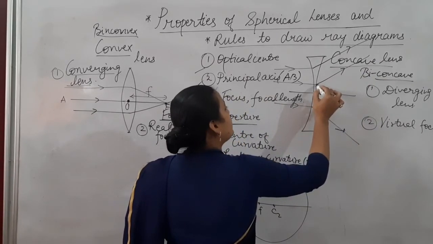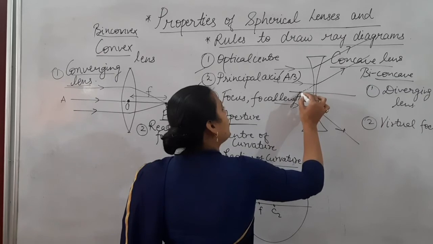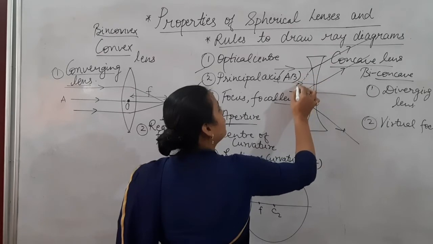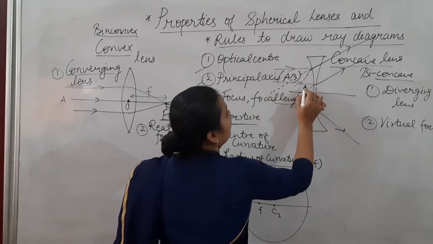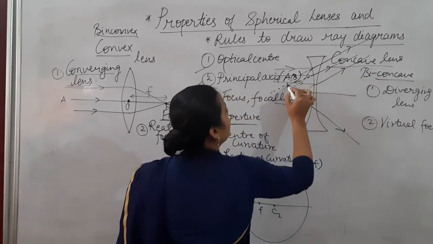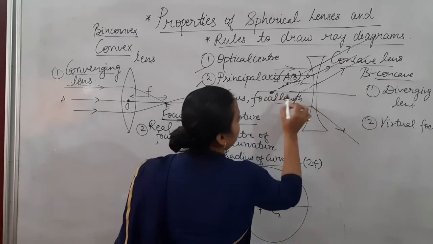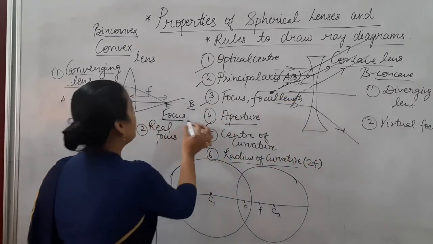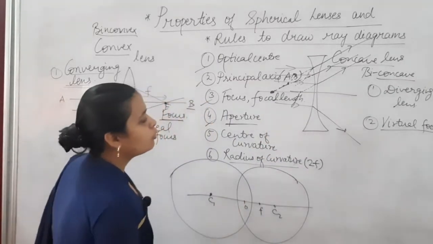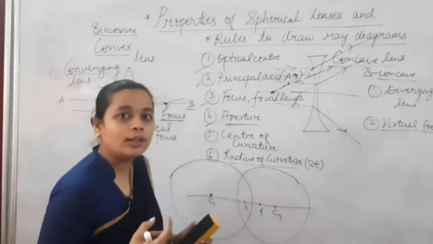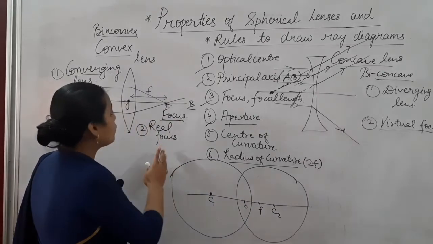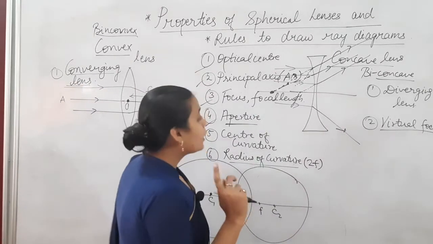And if we draw a dotted line on the left side, it will seem to meet at one point on the principal axis, and that is again said to be focus. Its focus is virtual because it lies on the left side. Means in concave lens, focus will be on the left side and it is said to be virtual focus, while in convex lens, focus will be on right side and it will be said to be real focus.